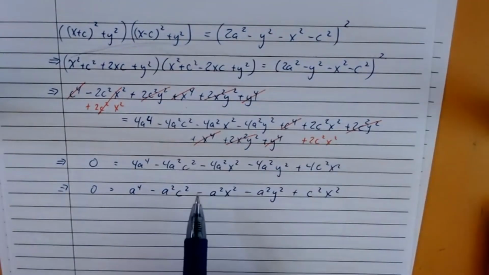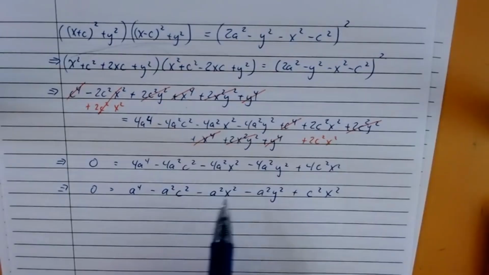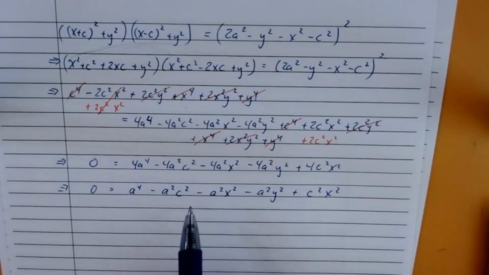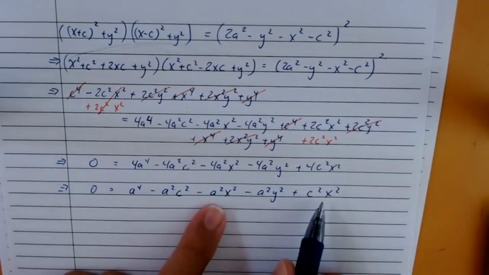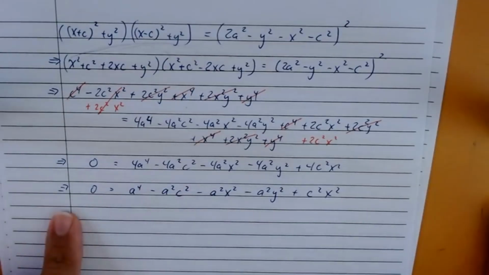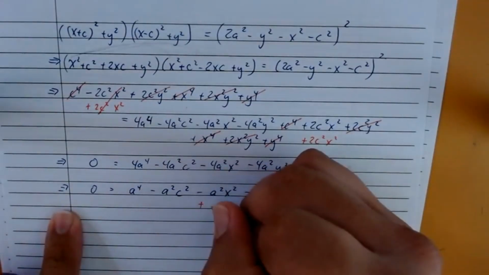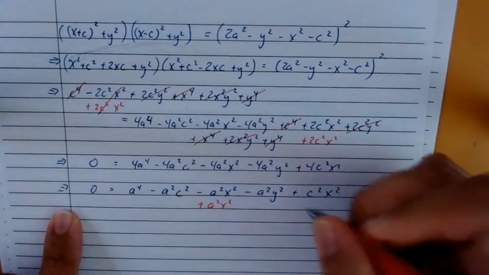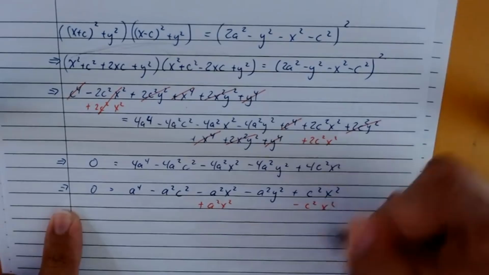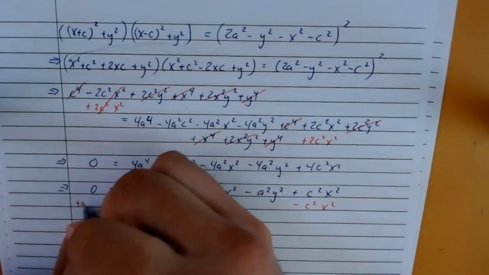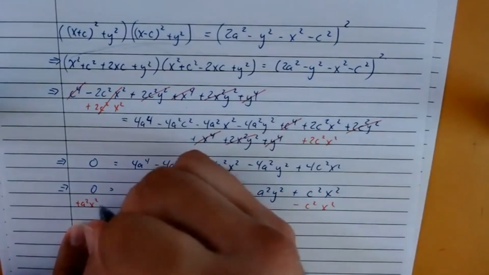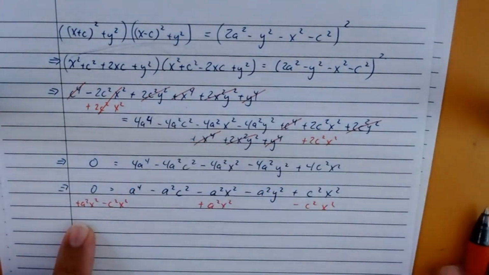Notice that some of my terms have x's, some of them have y's, and some of them don't have x or y. So what we're about to do now is combine terms in such a way that the x terms go together, the y terms go together, and the constants go together. So let me take these two that have x's on them and move them over this way. Let's add a squared x squared and subtract c squared x squared from both sides.